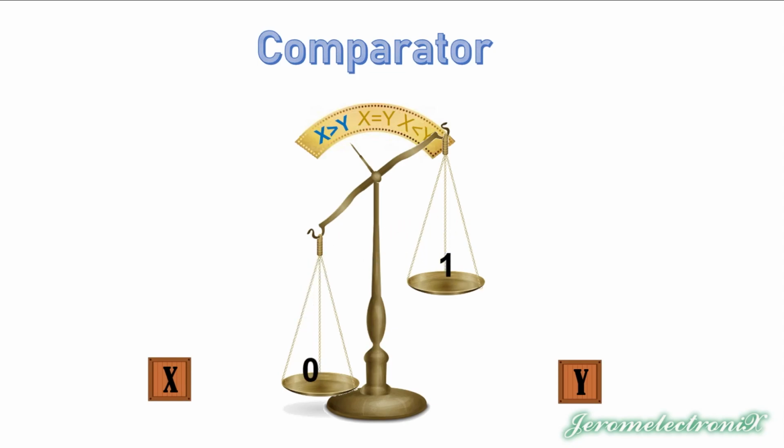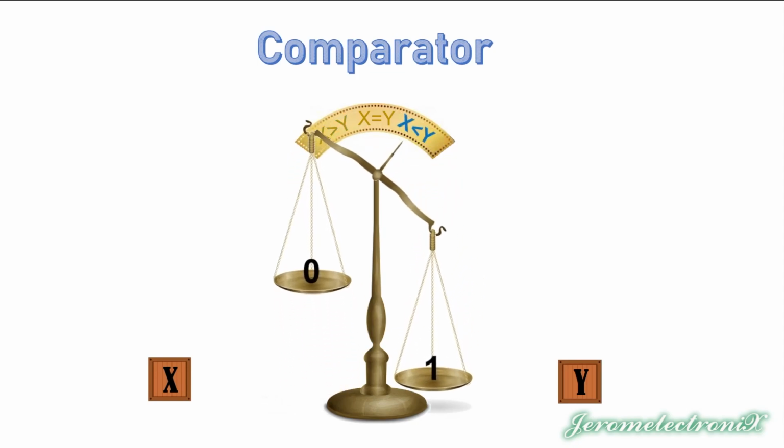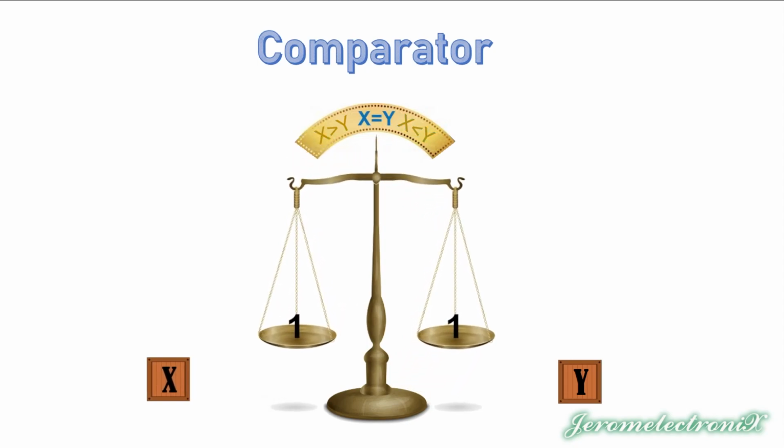And if we trade them, so what we've really done now is made X equal to 0 and Y equal to 1, then the balance will say X is less than Y. And of course, if we switch it so that they're both 1s, then that should balance out. And that's what a comparator does.